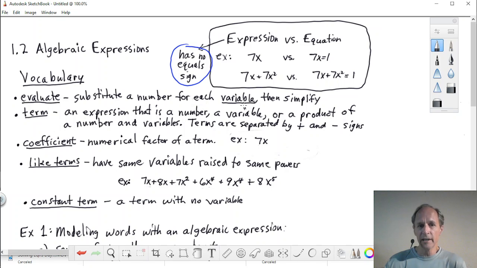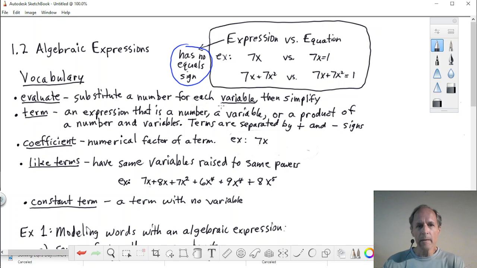So, for example, the x in the expression 7x can take various values. Evaluate means we substitute a number in for each variable and then simplify to get a value. See what it works out to.